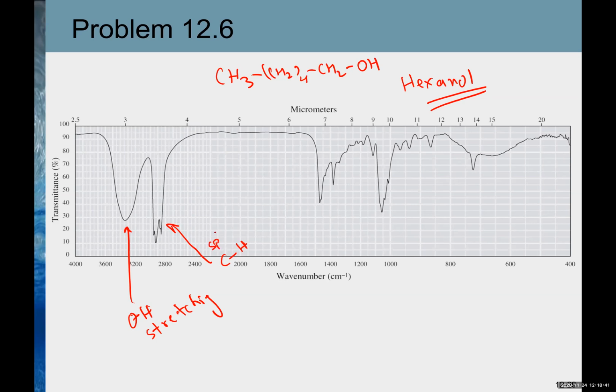I normally write sp3. That means that this carbon is sp3 hybridized, which indicates that it is from alkanes, or no double bond. So CH stretching. You're going to get problems where I may give you an IR spectrum and you have to label the peaks, and that's how you label it.